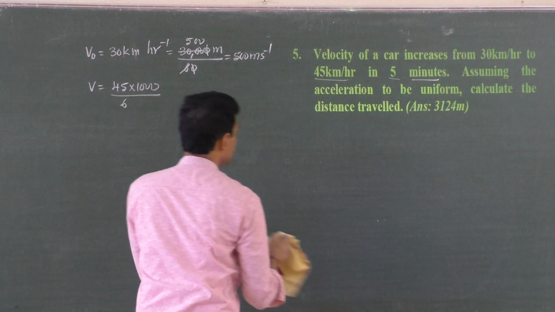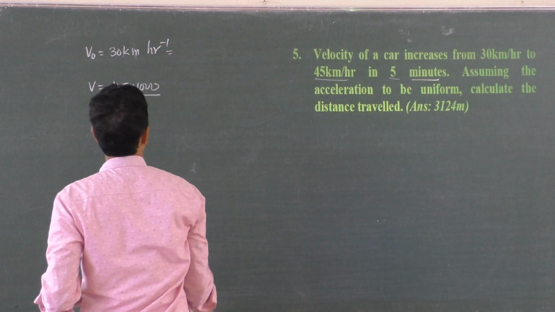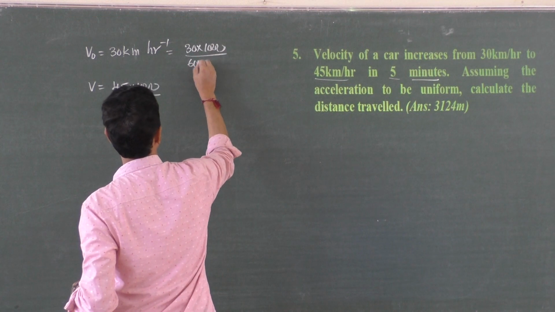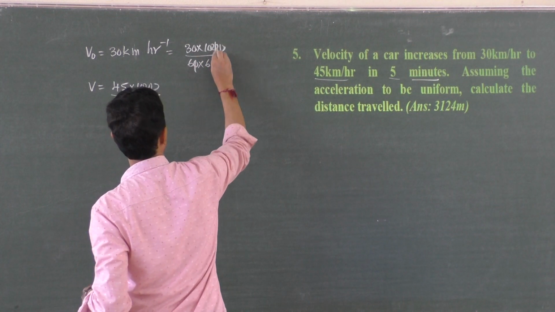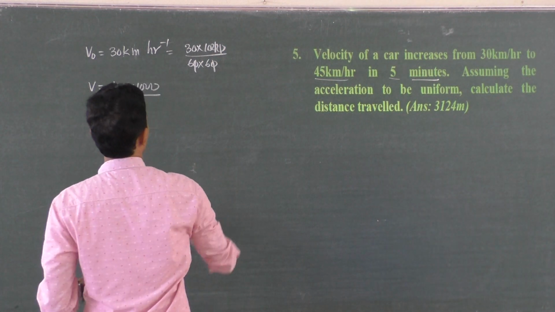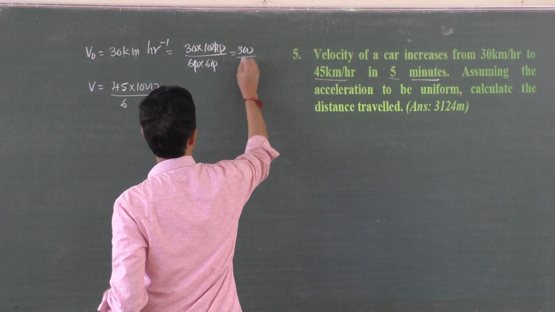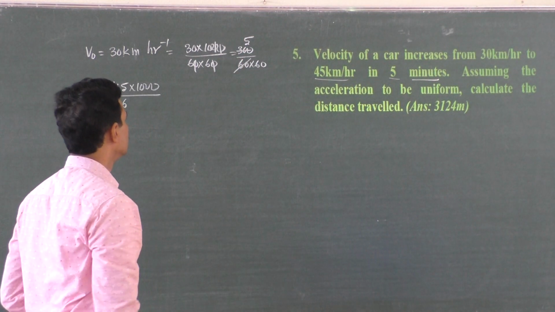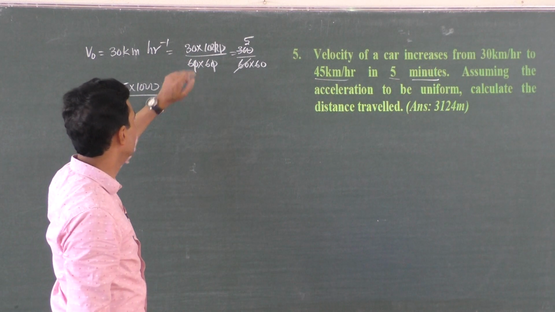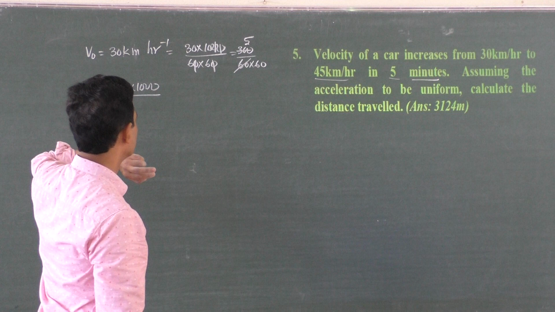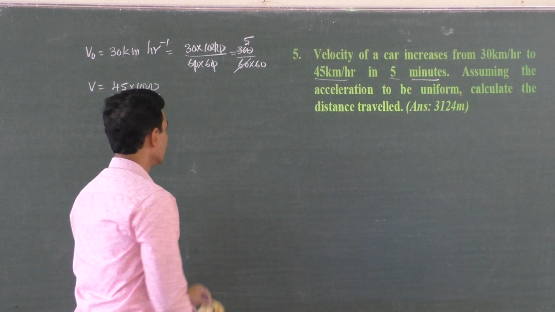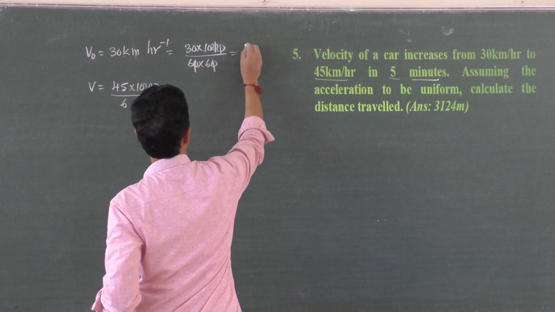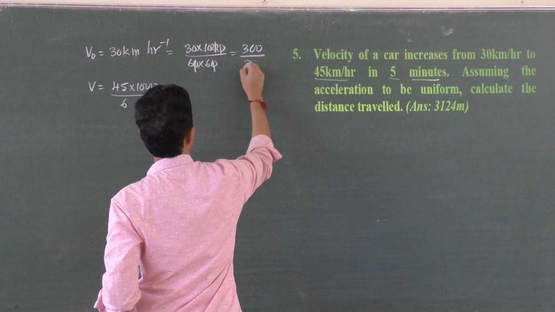Two zeros go, then the remaining is 300 divided by 36.